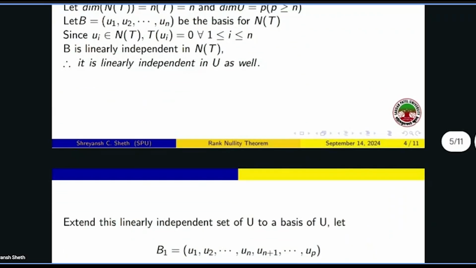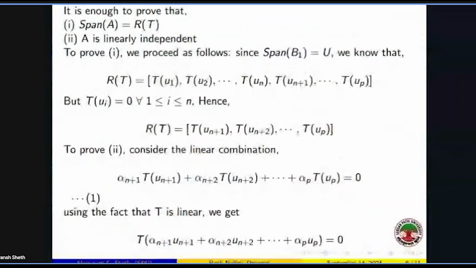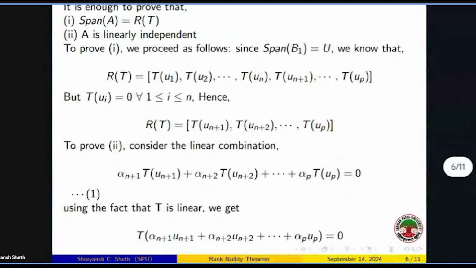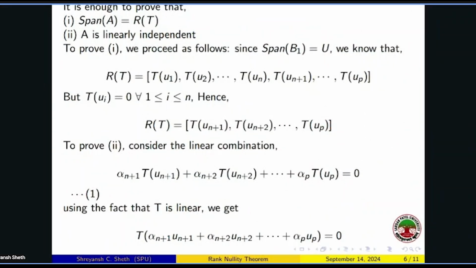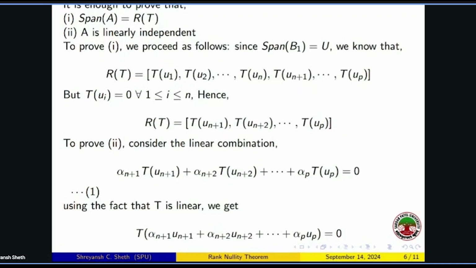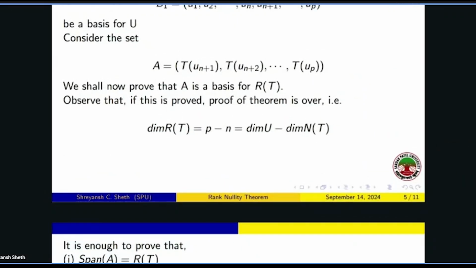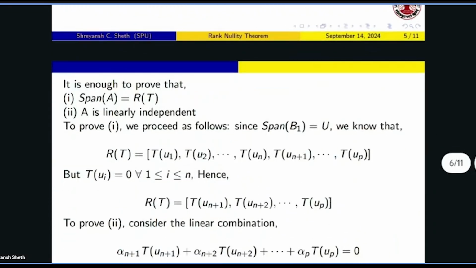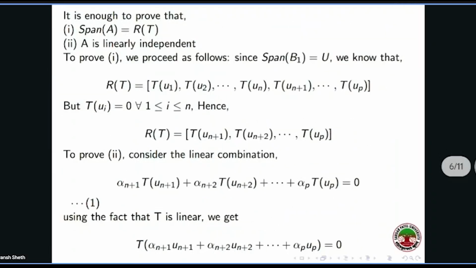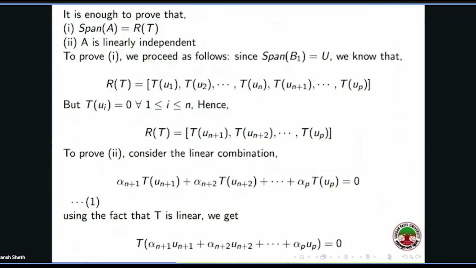So the range space is spanned by these p vectors, but since Tu1 up to Tun are all 0, ultimately its span will restrict to Tu_{n+1} up to Tup, the span of these vectors only, and these are nothing but the elements of the set A that we defined here. So we have proved part A, that is span of A is the range space.